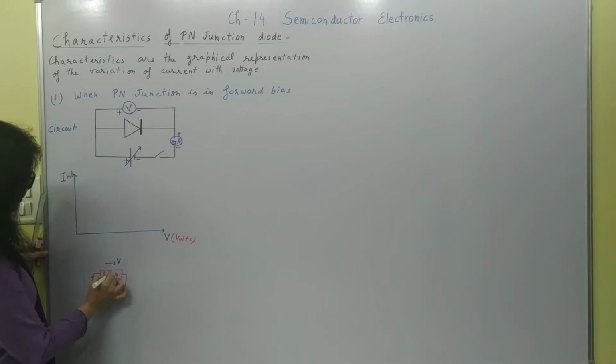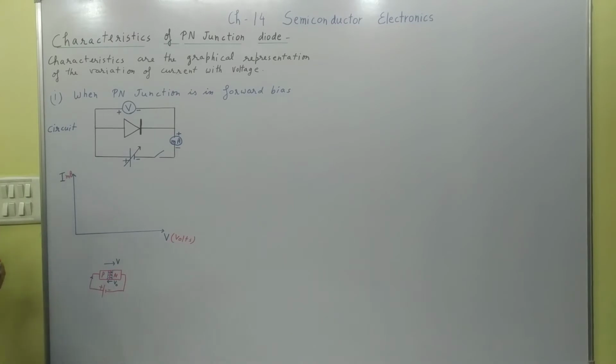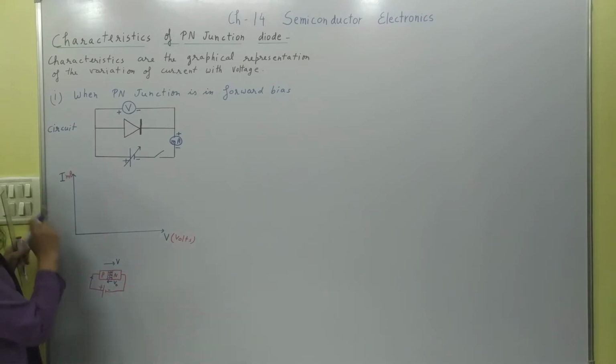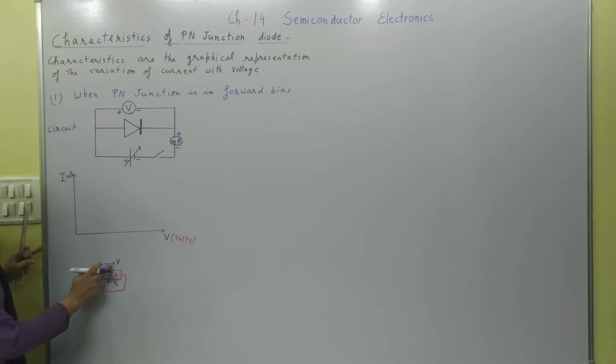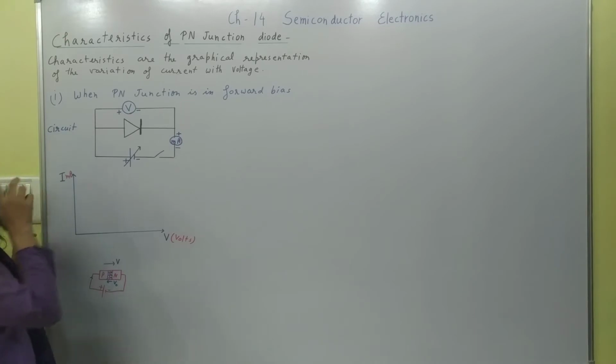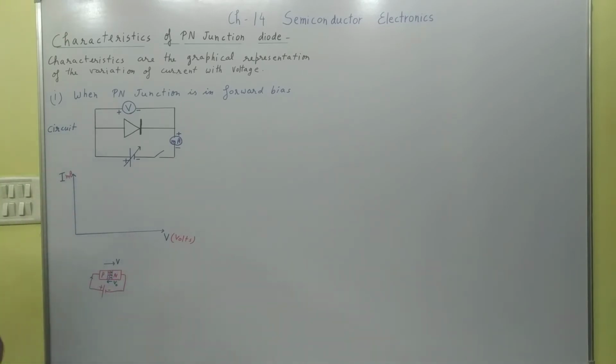This was due to the depletion layer, where we had plus ions on this side and minus ions on this side. So initially, when the voltage increases, it is in opposition to the barrier potential. So initially the current is very low, and then when the voltage exceeds this barrier potential completely, the current starts increasing exponentially, right?